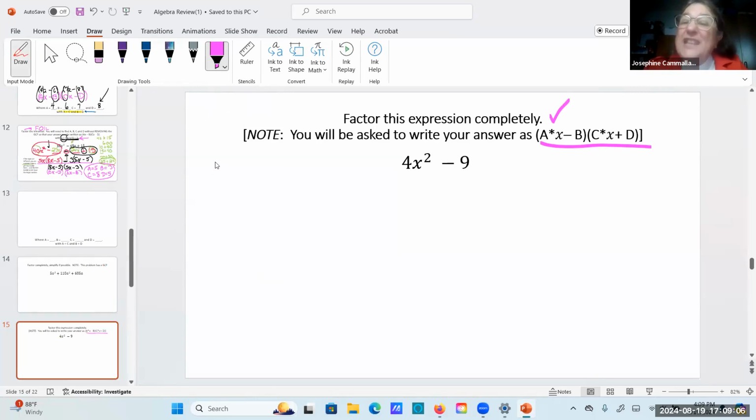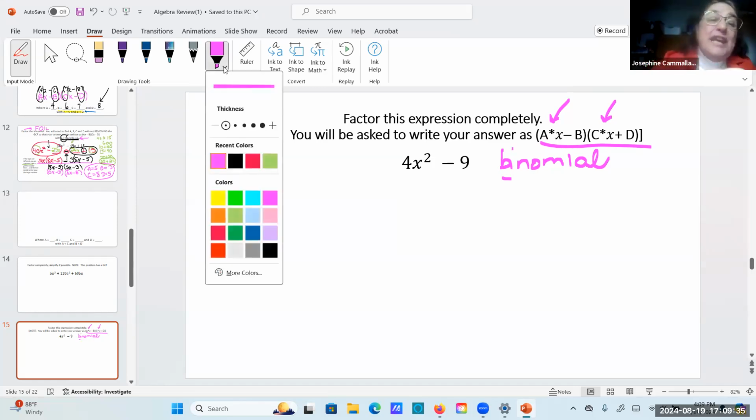Notice that it has these little things. Now, this is a binomial. And a binomial, see the word bi? Bi means two. Okay.